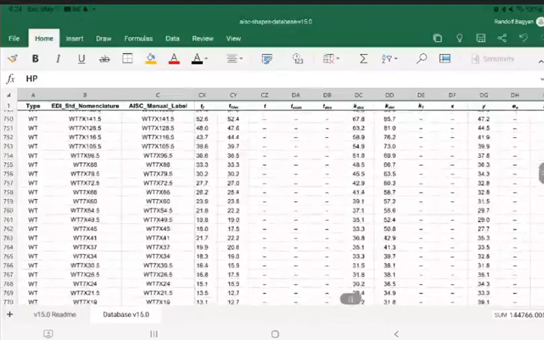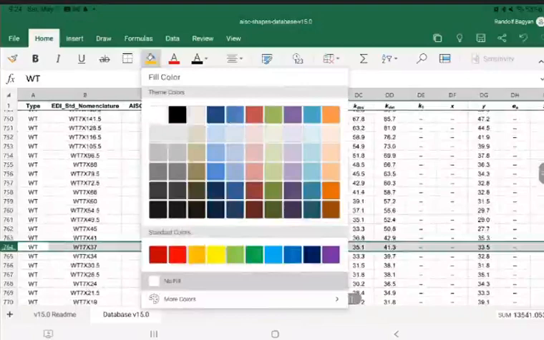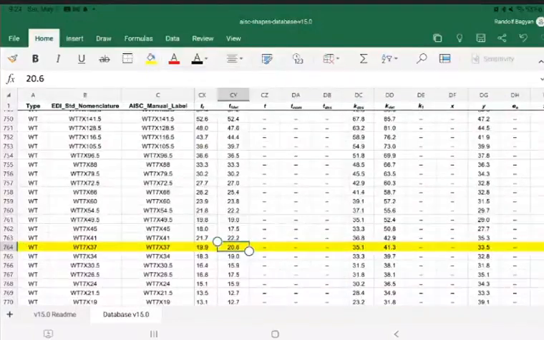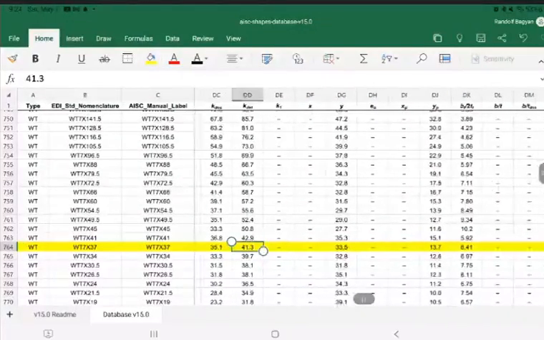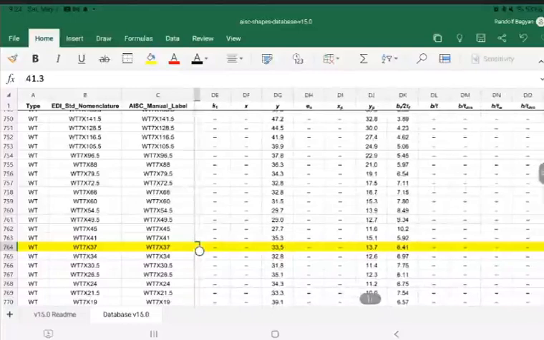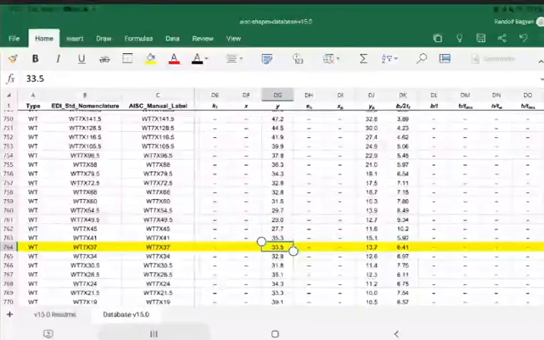Alright, ito. Yan. We look for y. Ito yun, 33.5. So, 33.5 yung distance k.